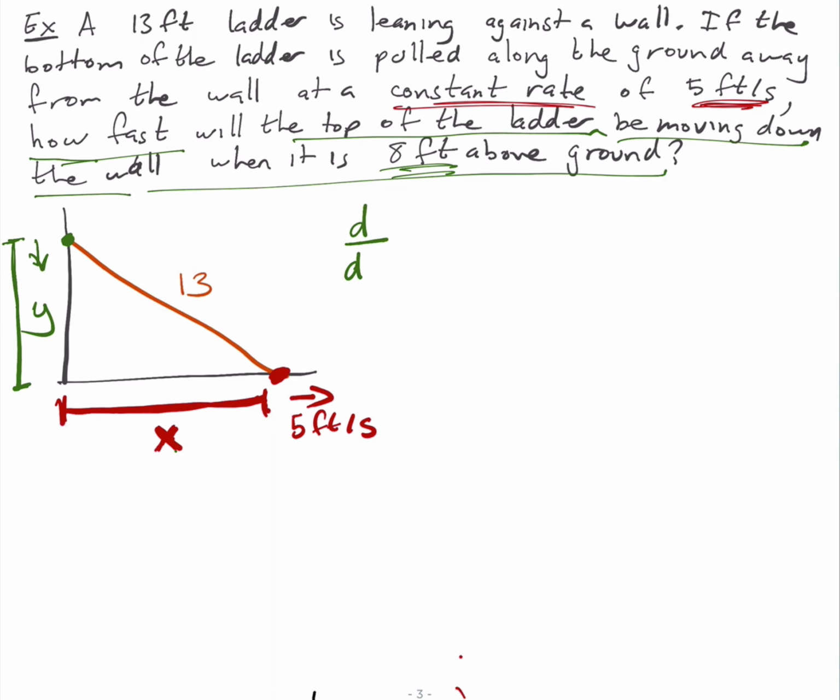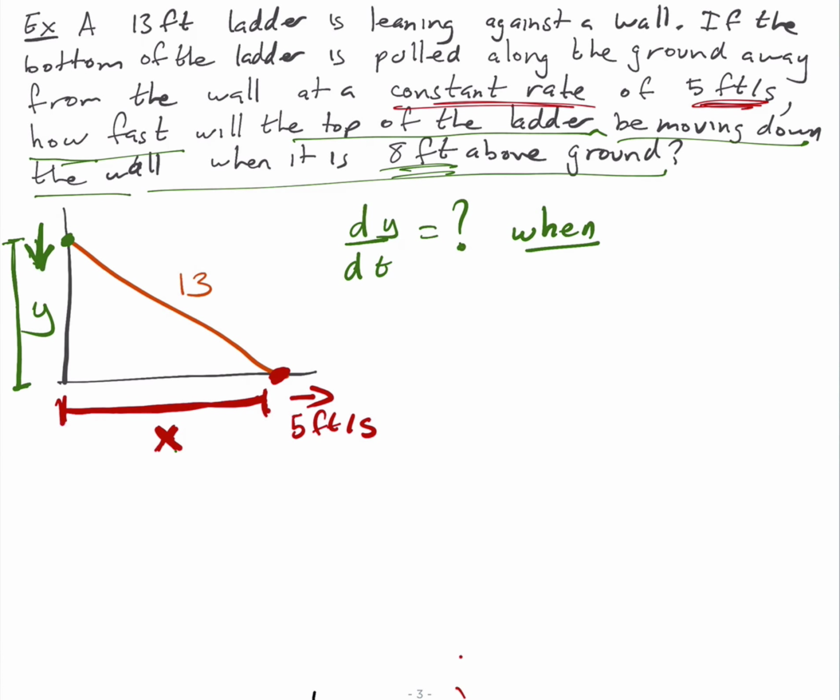So what letter is that? dy over dt, right? How fast is this quantity changing? This one right here. How fast is y changing? And then what am I missing? When. Okay, so this is key.